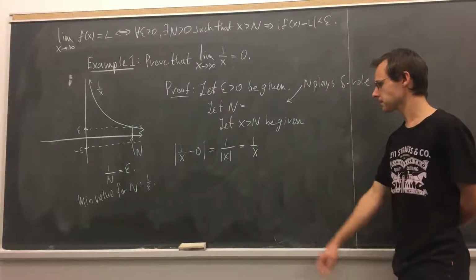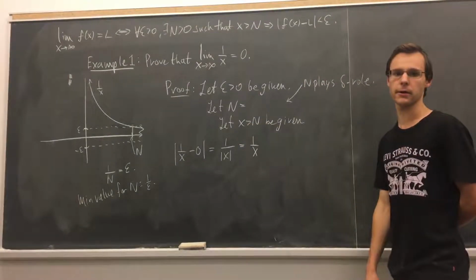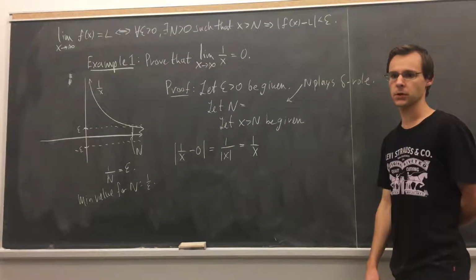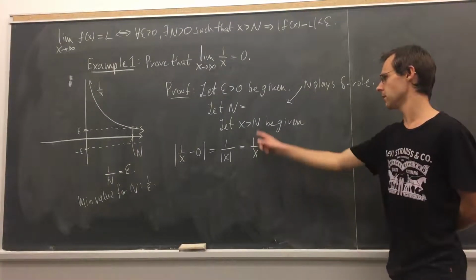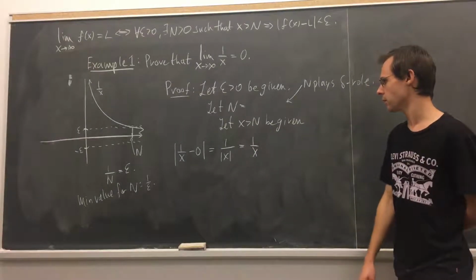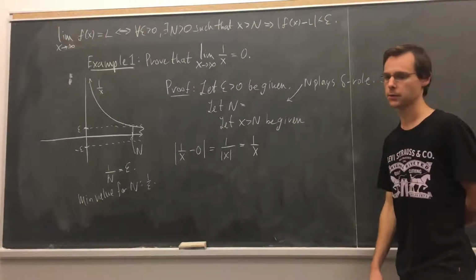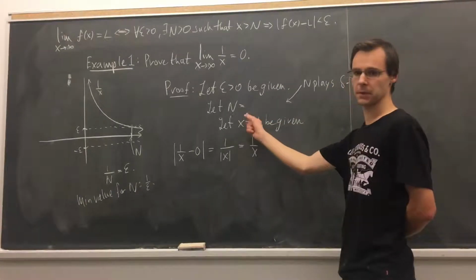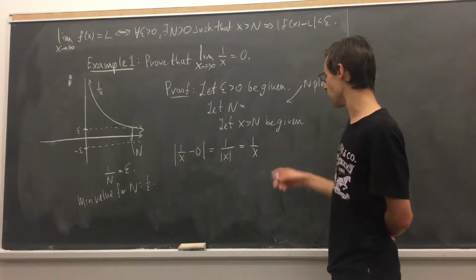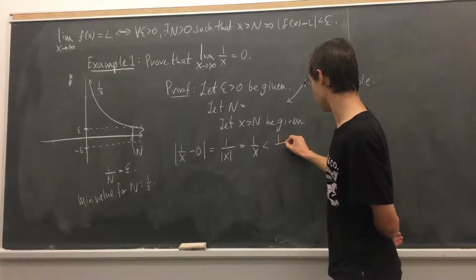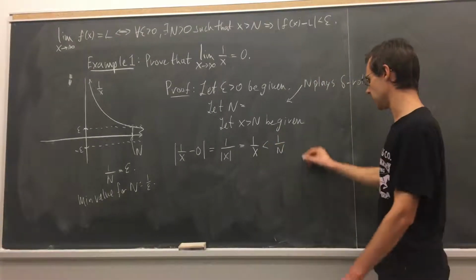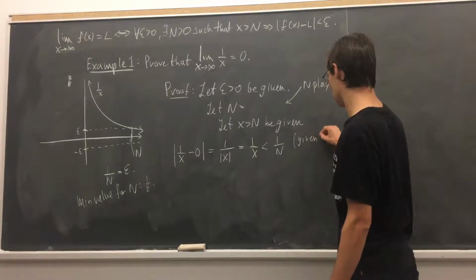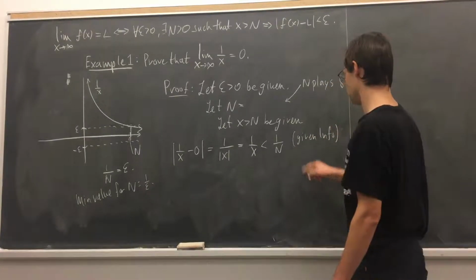And now, we're told that x is larger than N. So if you take the reciprocal of this inequality, we get that 1 over x is less than 1 over N. You can just take 1 over both sides of this inequality, but we have to flip the sign. Okay? So 1 over x is going to be less than 1 over N, and this is by the given info over here.